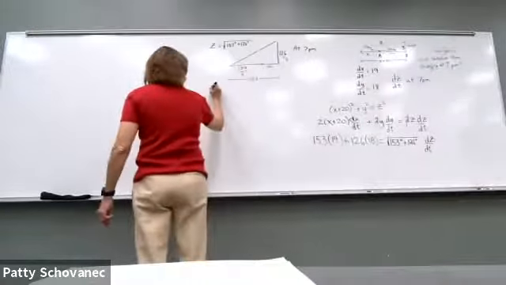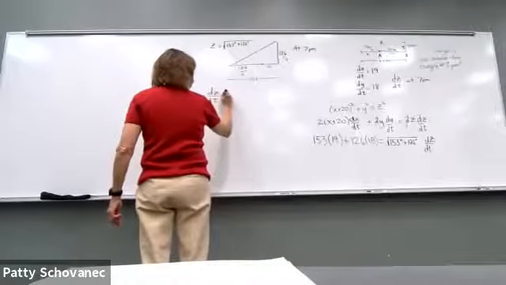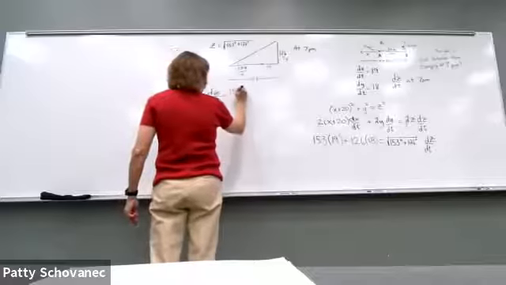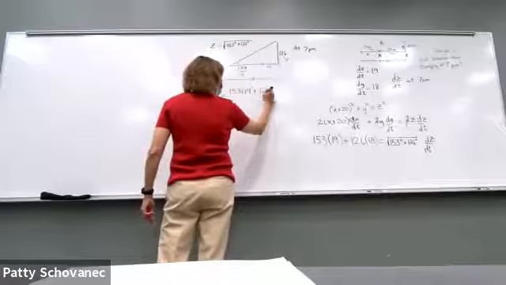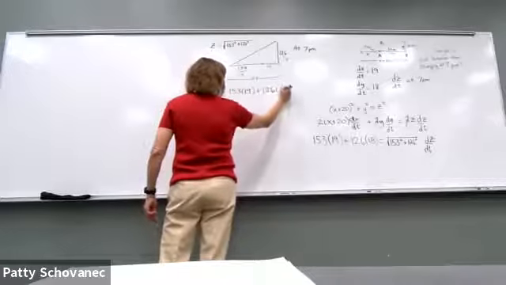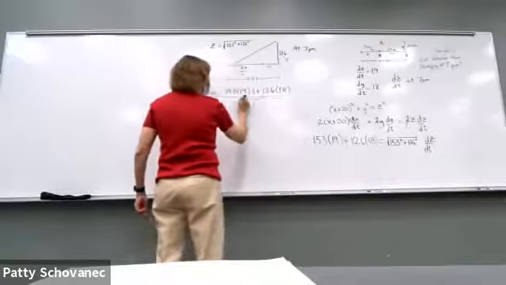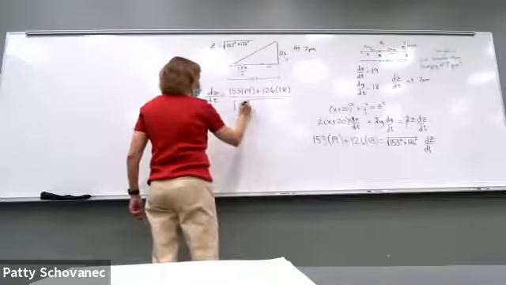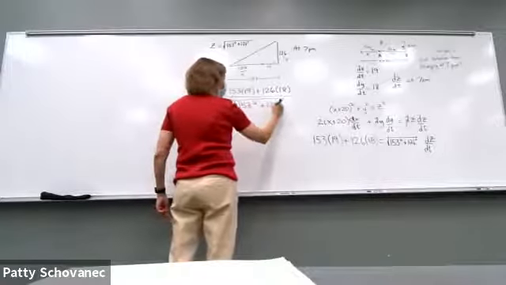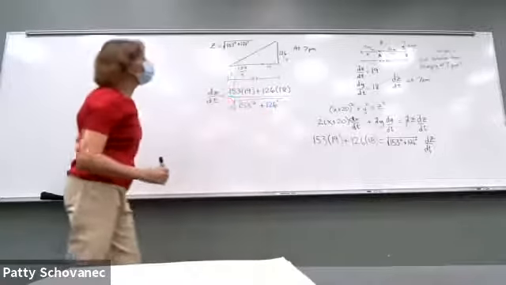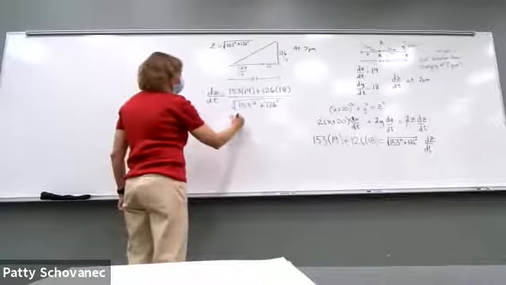You can probably enter it like that into WebWork. That's a length, and so that's going to be miles per hour.